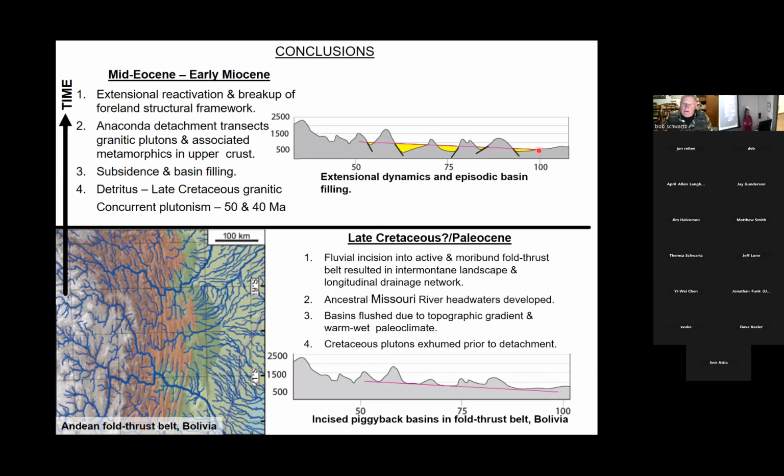So figure out how you would do that calculation. I don't know. You have late Cretaceous plutons, 75 Ma, that are being exposed. And in order to expose them, you had to remove 10 km of overlying crustal material. I don't know how you'd calculate that.